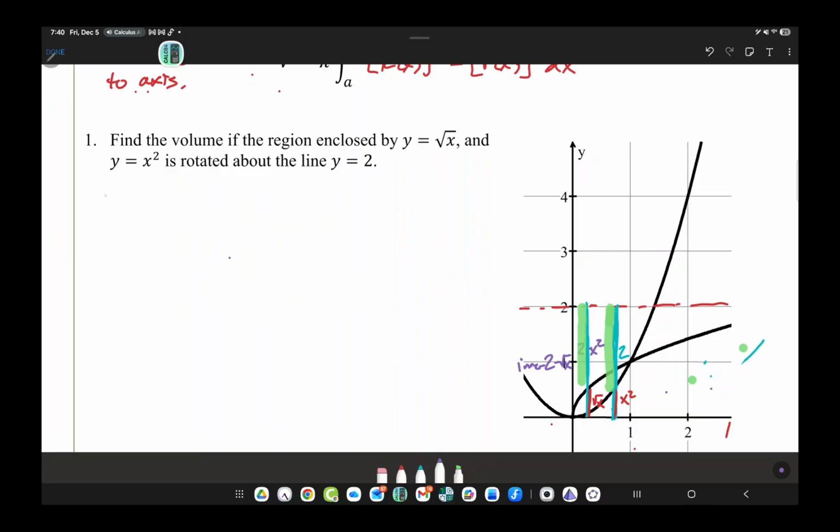So we are going to do V is equal to pi integral from 0 to 1 here. Now again, my outer radius we said was 2 minus x squared. Again, still got to square that. Minus my inner radius, which was 2 minus square root of x. Got to square that. dx.